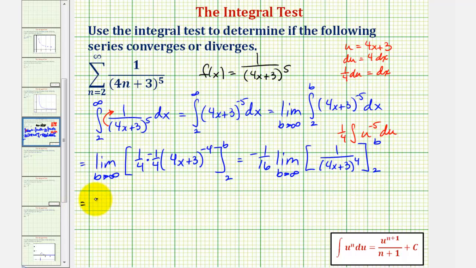So we have negative 1/16 times the limit as b approaches infinity of, well, when x is b, we'd have 1 divided by the quantity 4b plus 3 to the fourth. And when x is 2, we have minus 1 over, we'd have 4 times 2, that's 8, plus 3 is 11. We'd have 11 to the fourth.